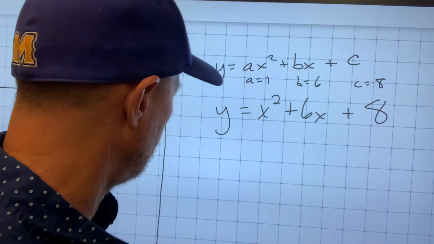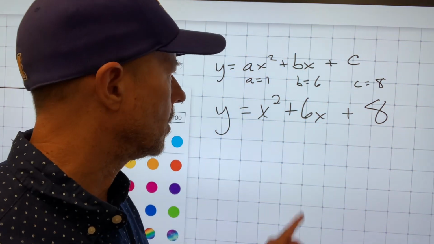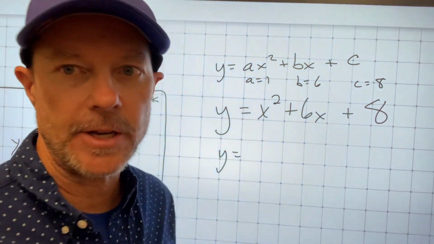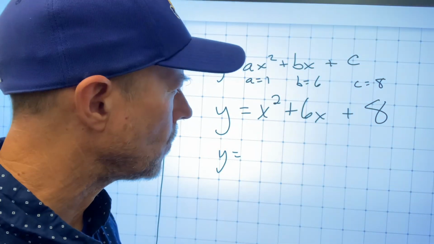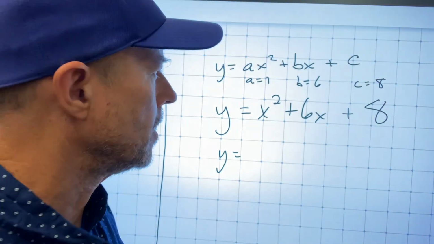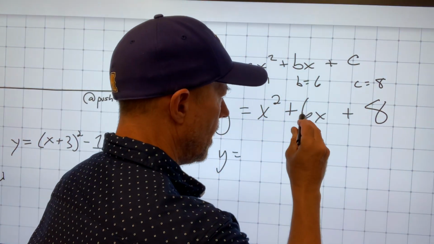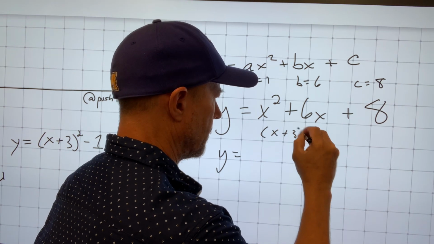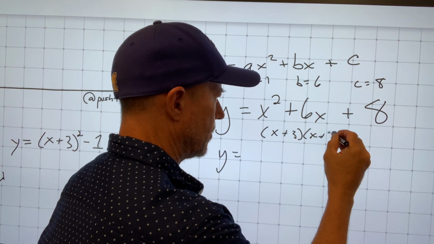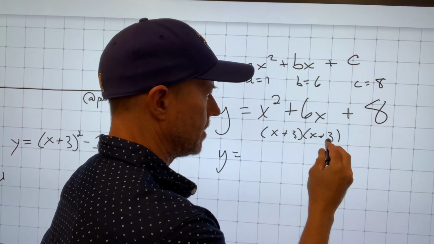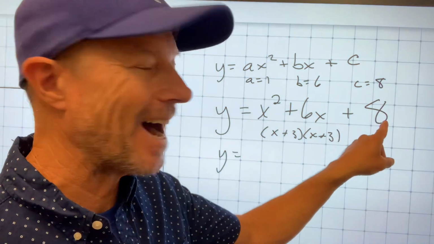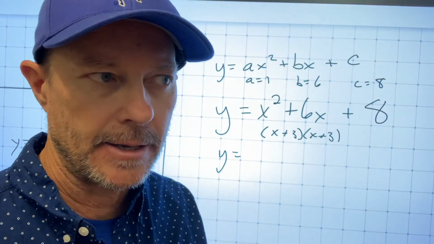Okay, but what we're going to do is try factoring this into a perfect square trinomial. A perfect square trinomial has the same number added to get this, which would be x plus 3 and x plus 3. So a positive 3 and a positive 3 added give me 6. But notice that 3 times 3 gives me 9, not 8.